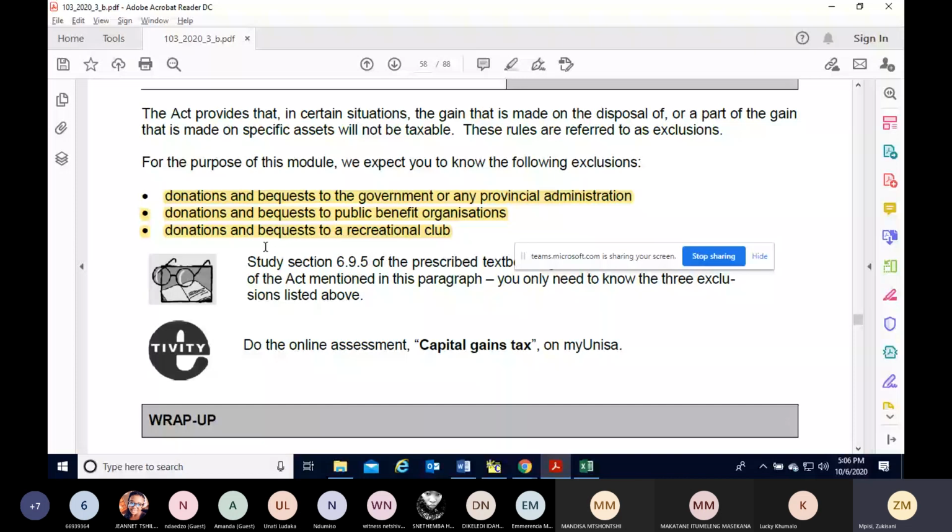These will be excluded, and you don't need to calculate capital gains on them.